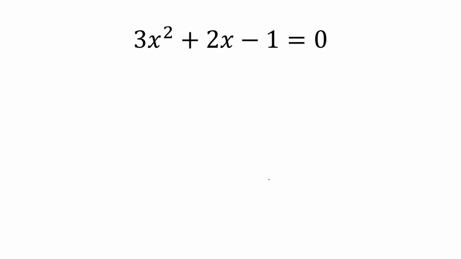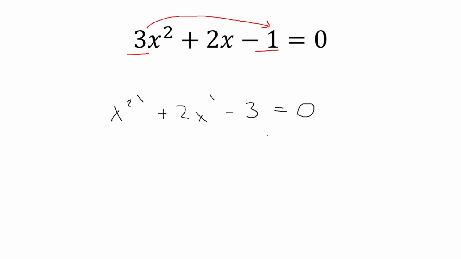Another thing which I find very interesting about the quadratic equation, however, is not that important and not very well known, and it's not taught in school, but I think it's very, very cool. If you multiply the quadratic term with the absolute term and rewrite the equation as x squared prime plus 2x prime minus 3 is equal to 0, because this is a different equation, you can actually continue solving the equation normally, as we've mentioned before.